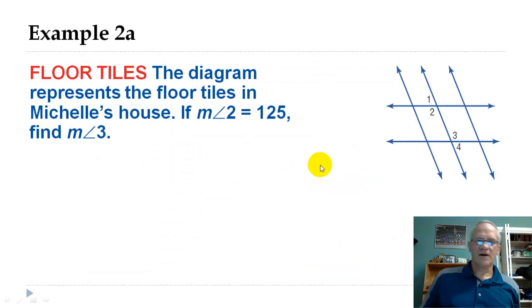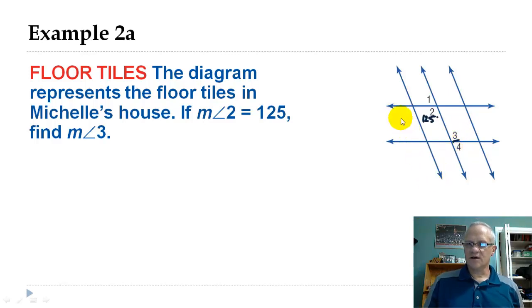All right, floor tiles. The diagram represents the floor tiles in Michelle's house. We're going to assume that all these lines are parallel. If the measure of angle 2 is 125 degrees, find angle 3.